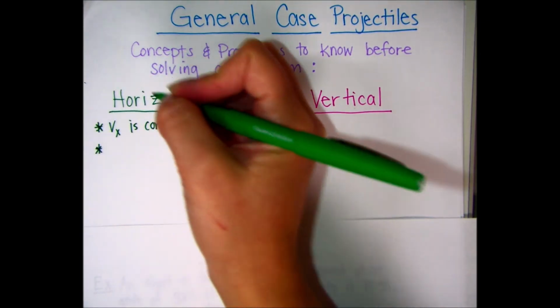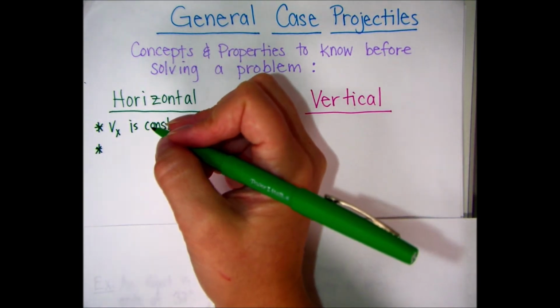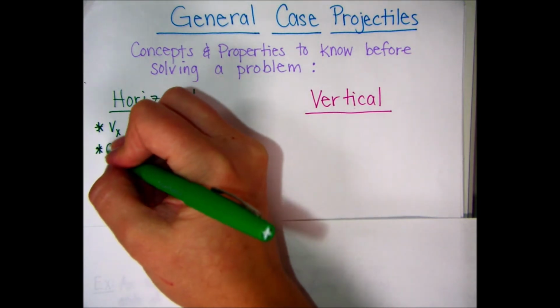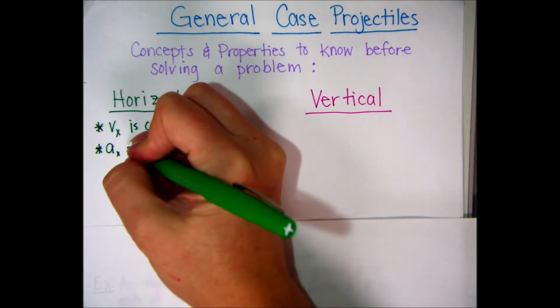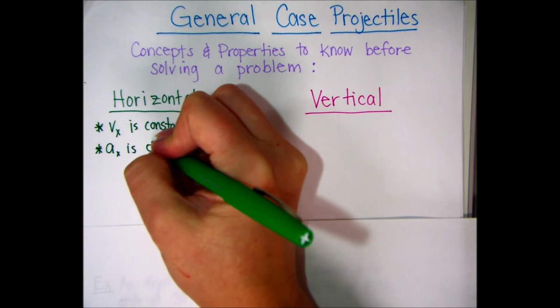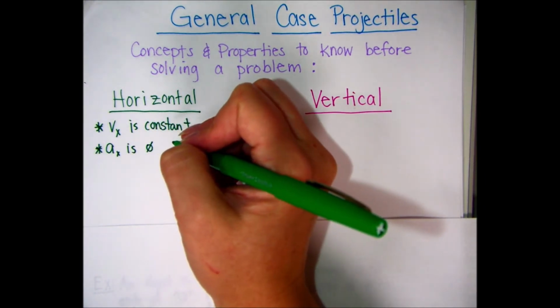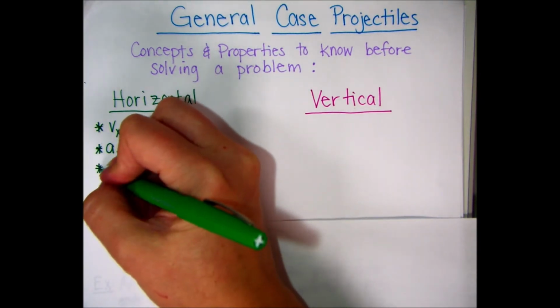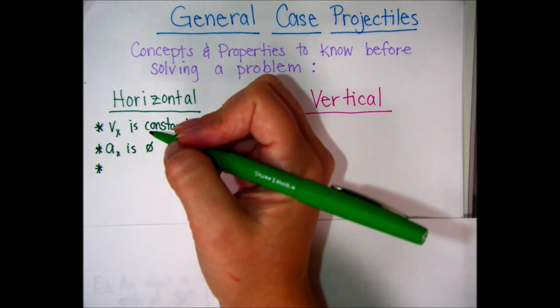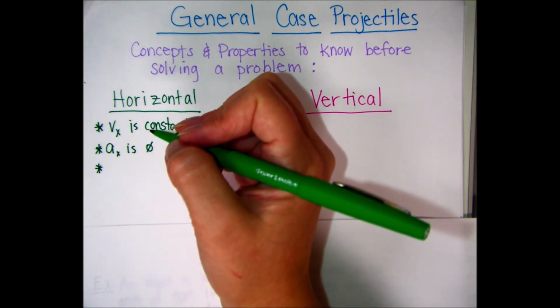In this case, the acceleration in the x direction is still 0, because that's what constant velocity means. But in this case, you are launching it from the ground and going up. So keep that in mind.